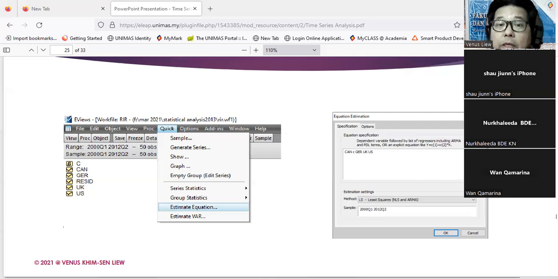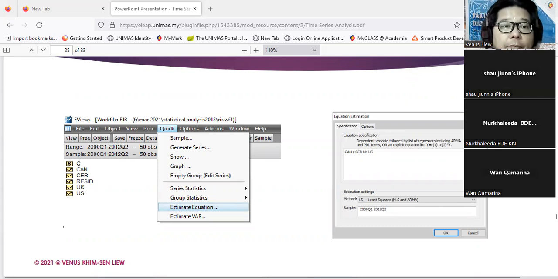No need to put the error term there, it is automatically understood by the system. No need to put the coefficients B, D, F. Leave the LS, least squares, as it is. The period is the full sample period. If you want to change the period, just specify it, Q for quarter. So we are following the full sample period.